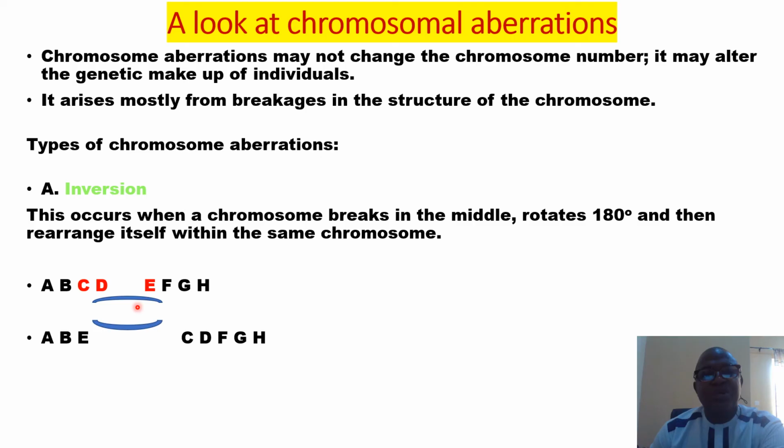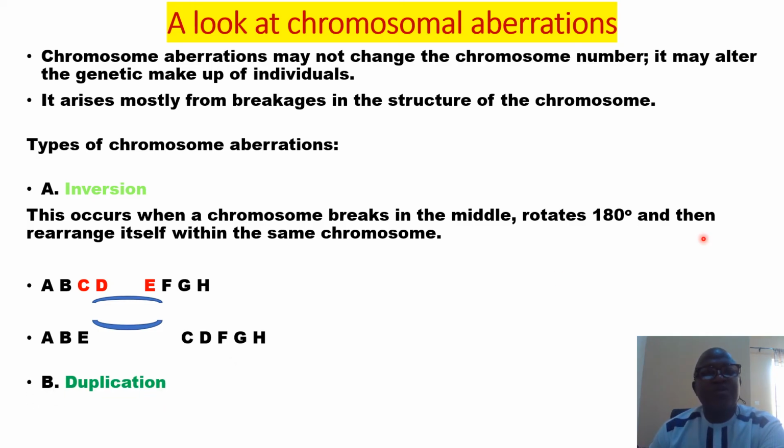So when there's a complete rotation, this joins here and this comes here. The new chromosome is looking at ABE, AB and CDFGH, which is what we have here.